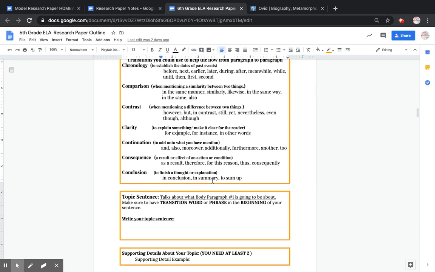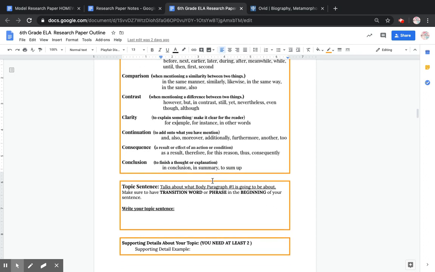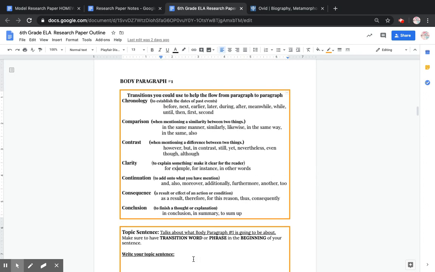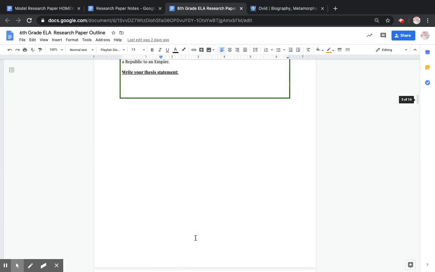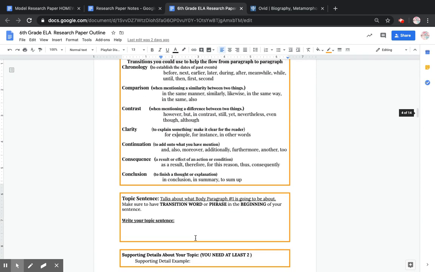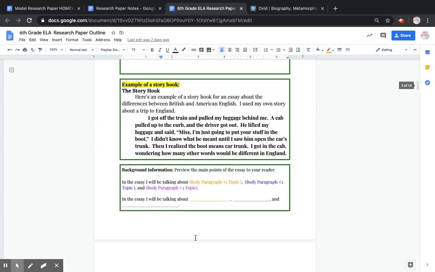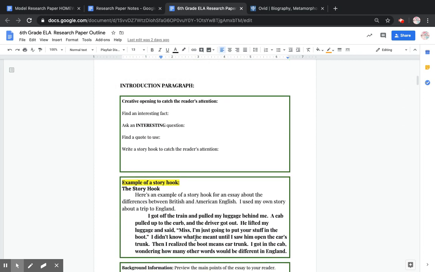So what I could do is, since I need that transition word, it might be easier for me to do my introduction first and then be able to transition from my introduction to body paragraph 1.